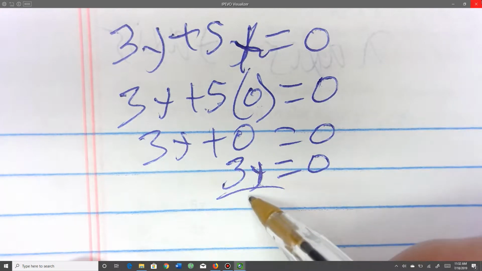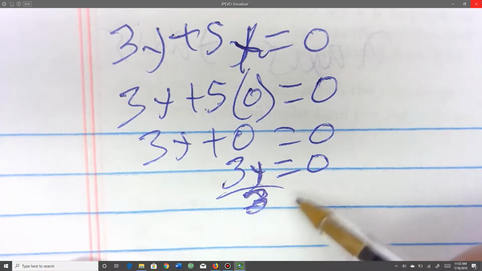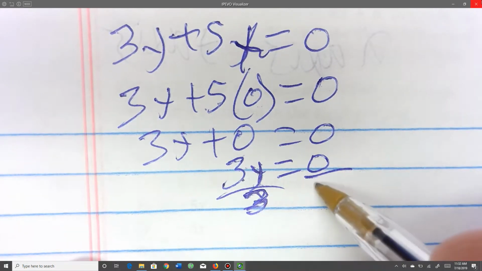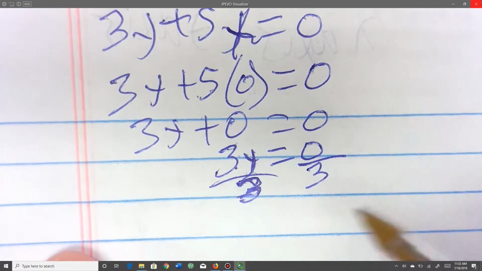We use the multiplication principle. Since we are multiplying, we use division. We divide by the number we're trying to move, and we need to do it to both sides to keep it balanced, to keep it mathematically correct.